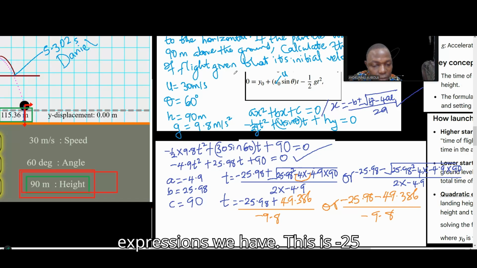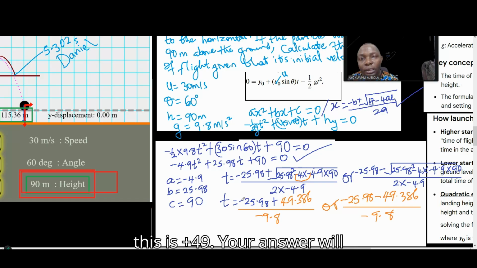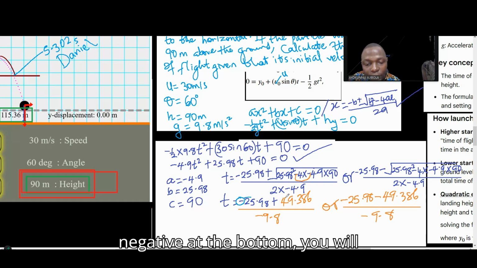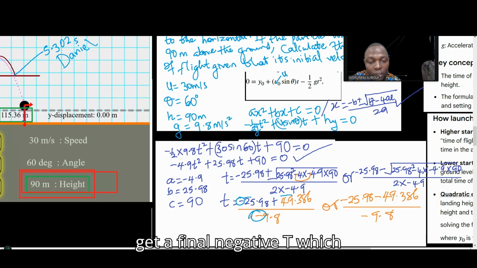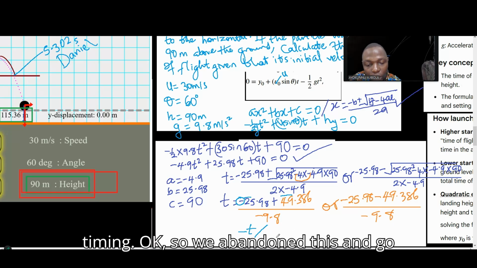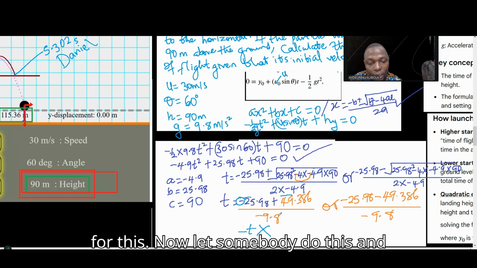Are you following this? Yes, sir. Now look at the expressions we have. This is negative 25, this is positive 49. Your answer will be positive, but because you have negative at the bottom, you get a final negative t, which is wrong. We cannot get negative timing, okay? So we abandon this and go for this.